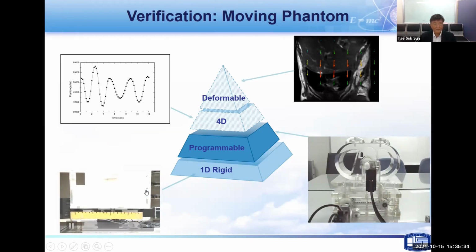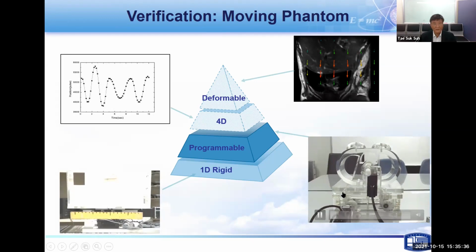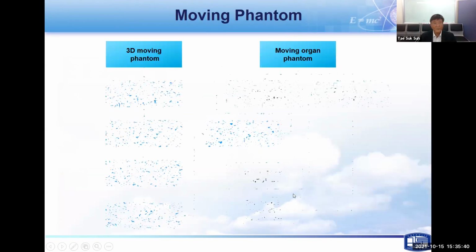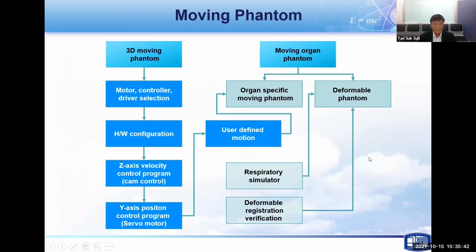And this is 1D, and this is some programmable 4D phantom. And this diagram shows the entire procedure for developing a moving phantom, including the body and internal organs.